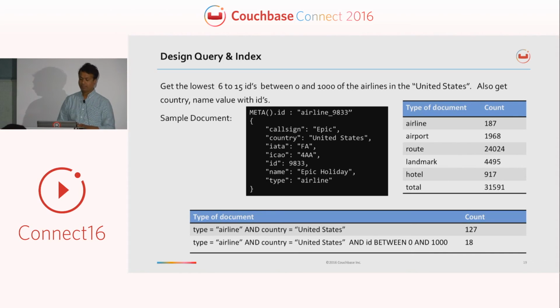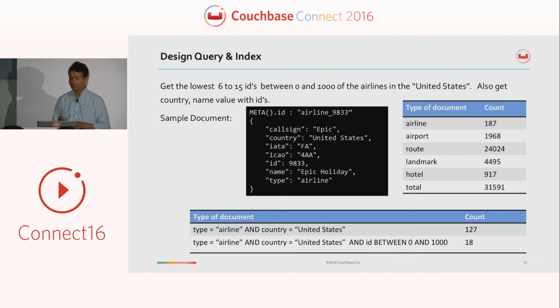And the goal of our exercise is to get the lowest IDs, that are the lowest 6 to 15. That means we want to offset 5, get the next 10 IDs between 0 to 1000 of the type airline, and we want the country to be United States, and we want to project country, name, and ID.